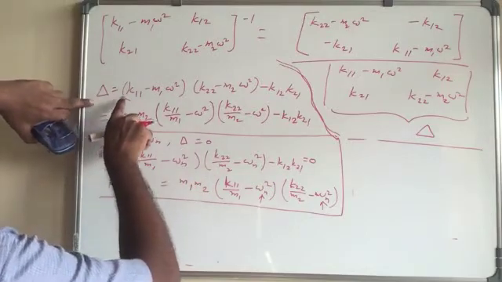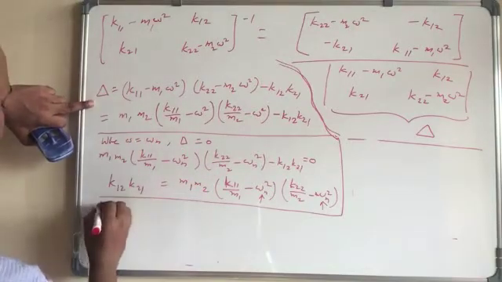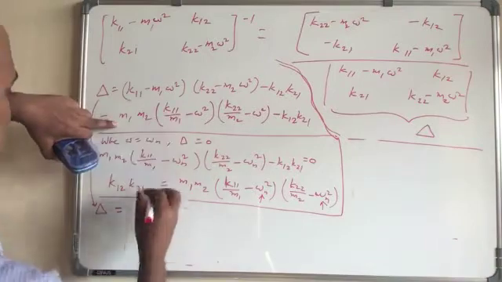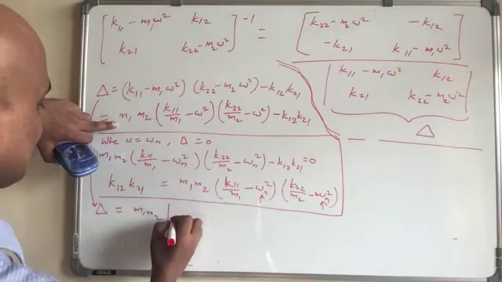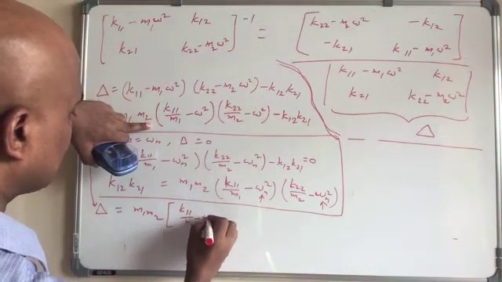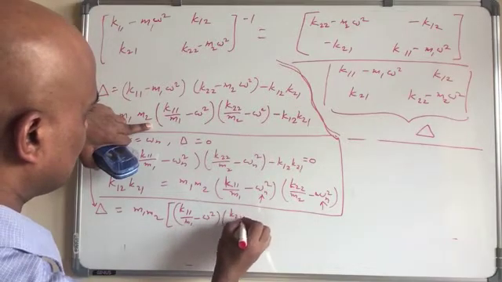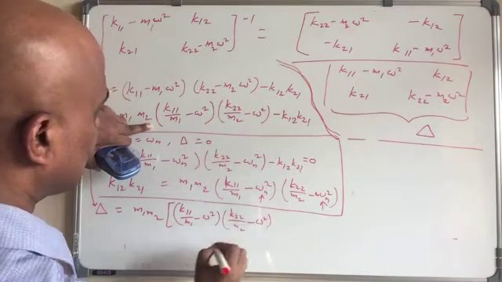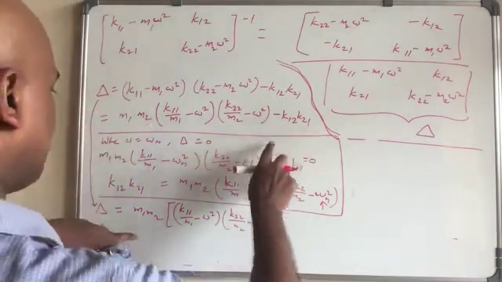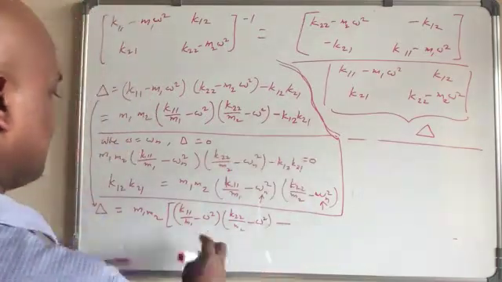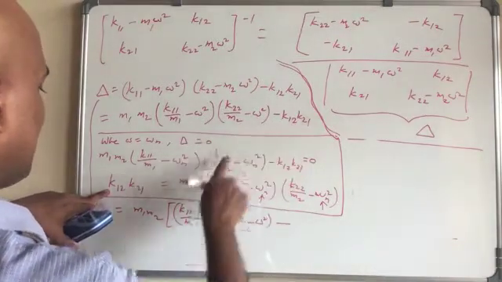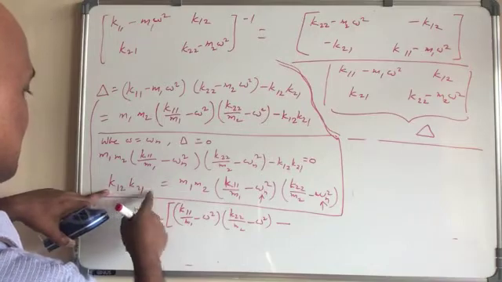So the original delta will be equal to m1 m2 in common, and then the term k11 over m1 minus omega square, k22 over m2 minus omega square, and then minus this term k12 times k21 divided by m1 m2.